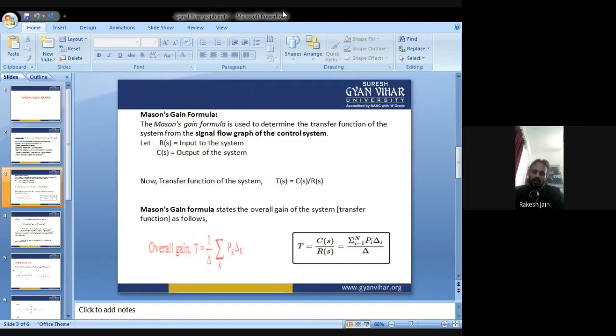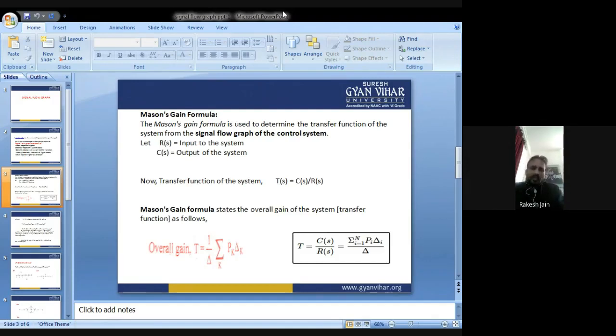Now the meaning of forward path is that once we start from the starting point, the beginning point, that is the input point R(s), we go along a straight path, without repeating any branch or node, and reach the destination. That is known as a forward path.